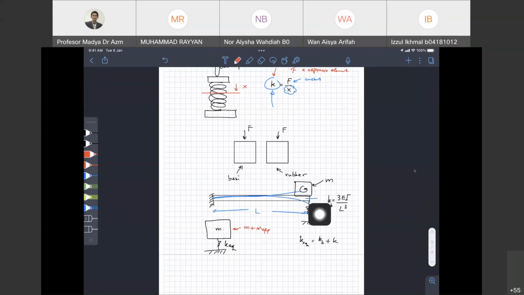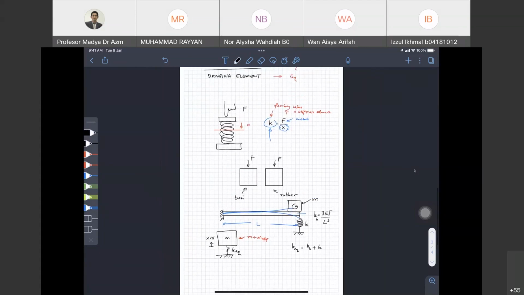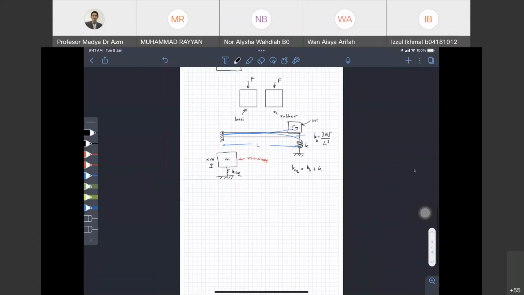Kalau deflection dia X. So stiffness equivalent.